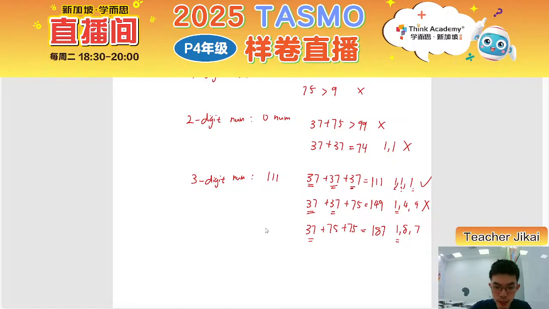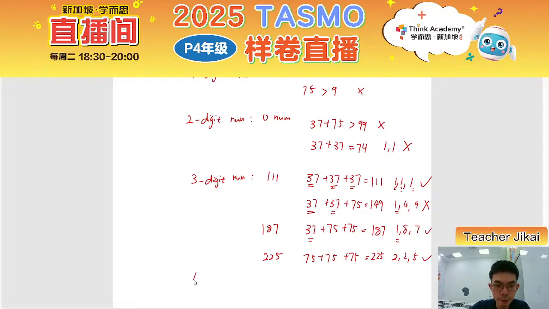So this would be the case, right? 187. And then how about the last? Every number is not 1. So 75 plus 75 plus 75, it is 225. Yes, we have 225. No 1 being here. Right, 225. The total length, 225 also. Right, we have 3 numbers here.